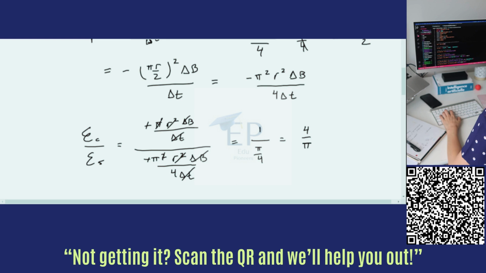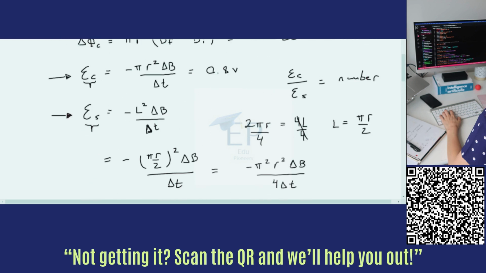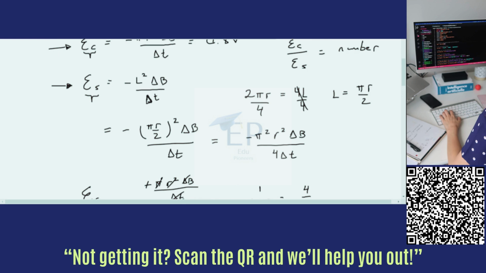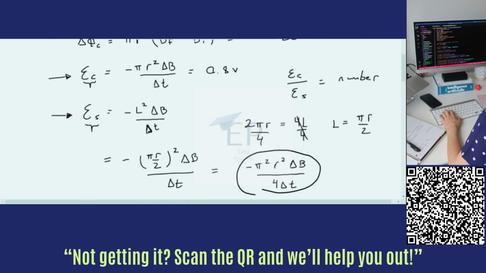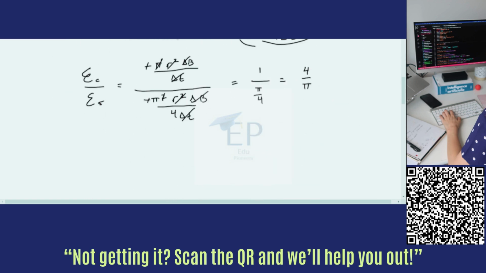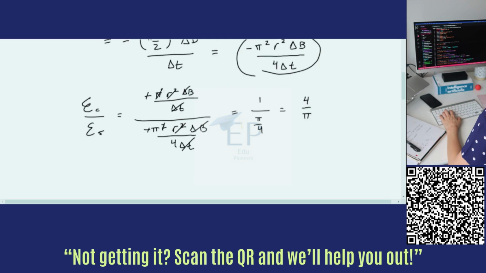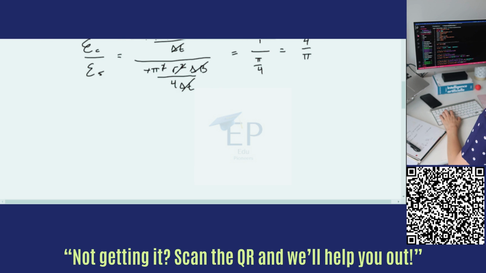The other way we could have done this is we could have just compared these two equations, this one here and this one here, and seen that they're almost exactly the same, but there is a pi over 4 extra in front of the E sub s. Okay, so now that we know this, we can get the EMF in our square from the one for the circle.